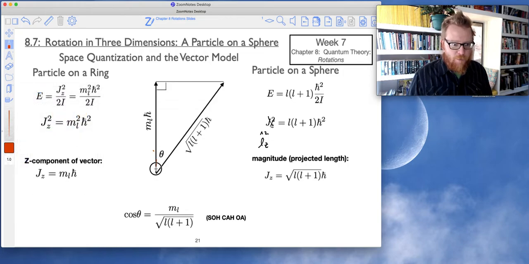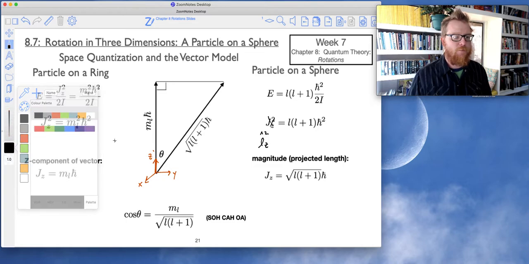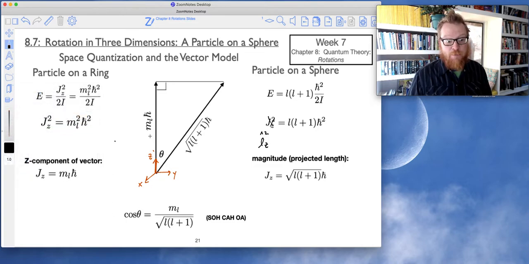Okay. So I'm going to draw that right here with my origin starting at this triangle, where now this is, let's call it X, Y, and Z. Okay? So now we can see my z component of the vector is given by ml h bar.